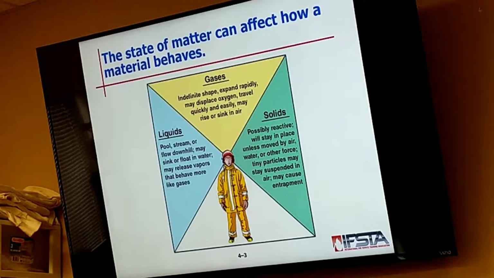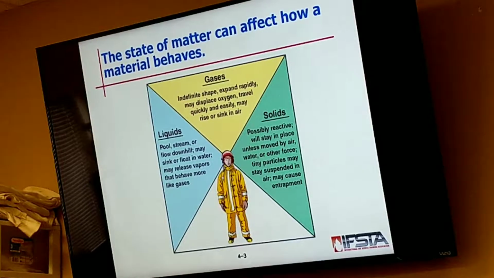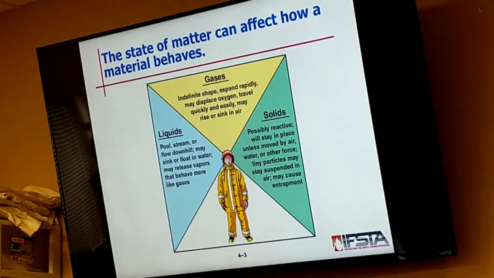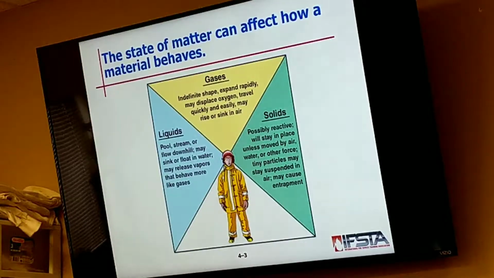Some of them can displace the oxygen. They can rise or sink in air. Solids can react and will stay in place. The only time they don't stay in place is if we have wind or something that's going to move them. Tiny particles are still going to be there, suspended in air. And sometimes the solids can cause entrapment.